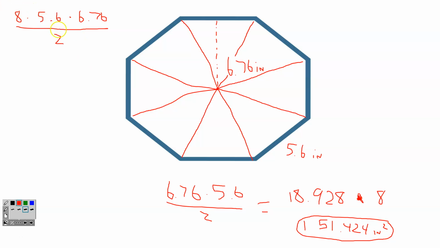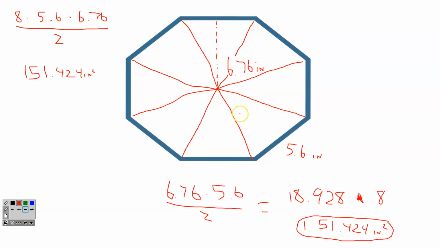When I type all of this into a calculator, I get the exact same answer, 151.424 inches squared. So there you go. Either method works just fine.